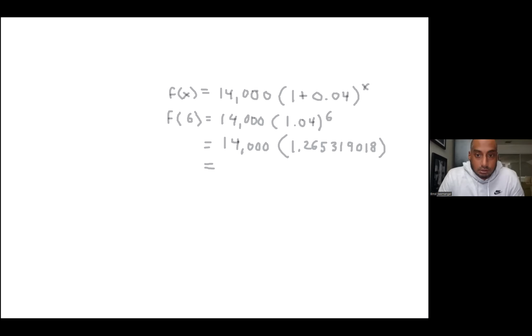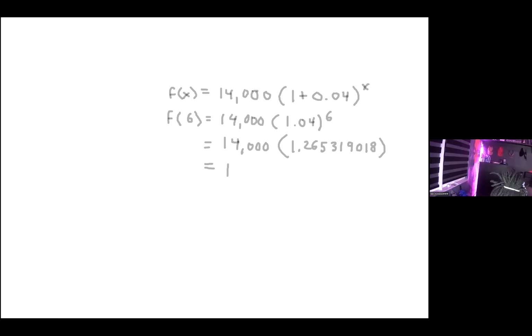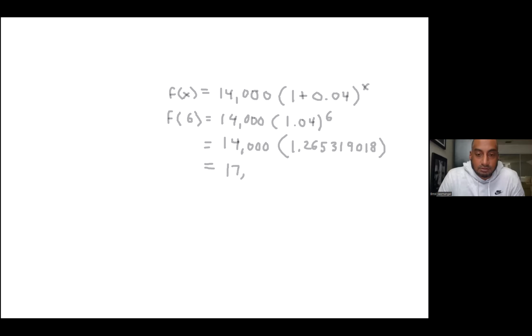What number is it? 17,000, just round to the 17,000. 17,714. 1.265319018. Yes. Okay. That was f of 6.